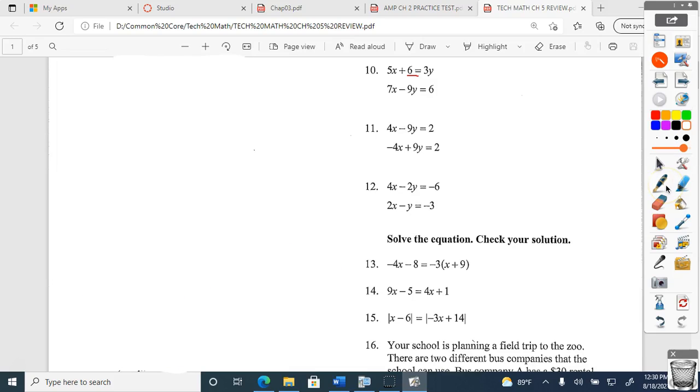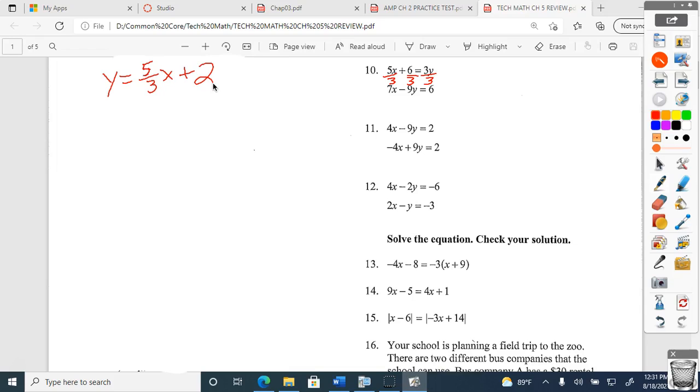So we're going to divide everything by 3. Okay, so y will equal 5/3 x plus 2. I'm sorry, we are doing substitution.